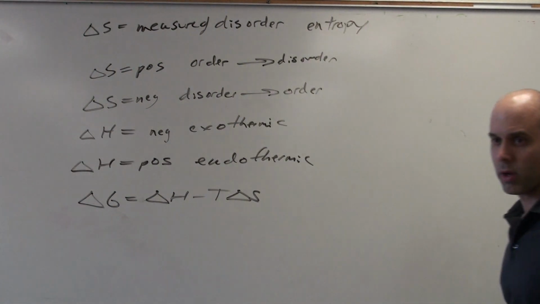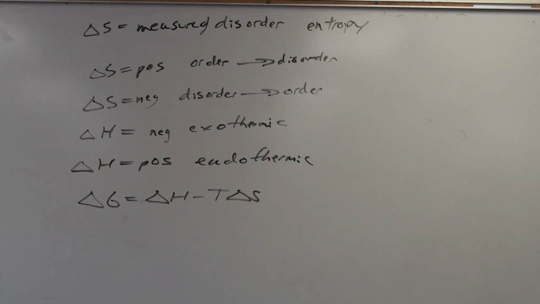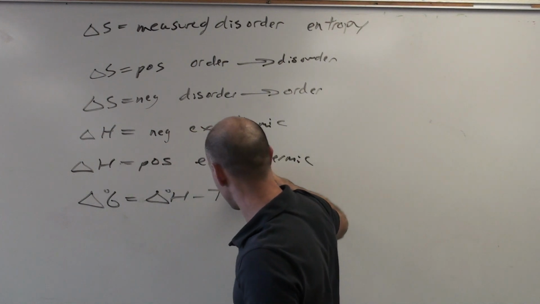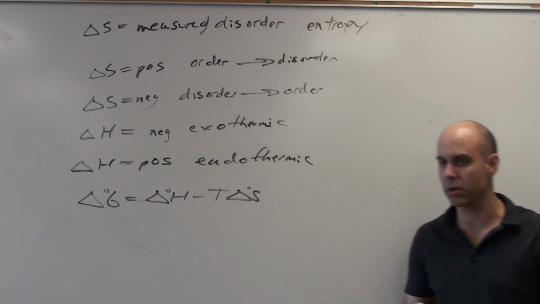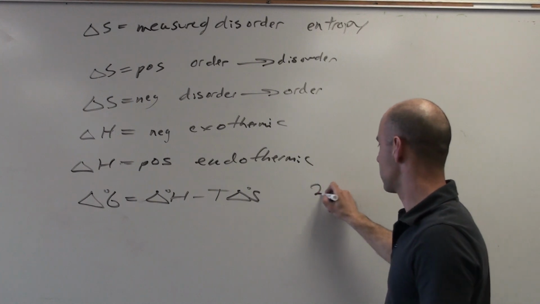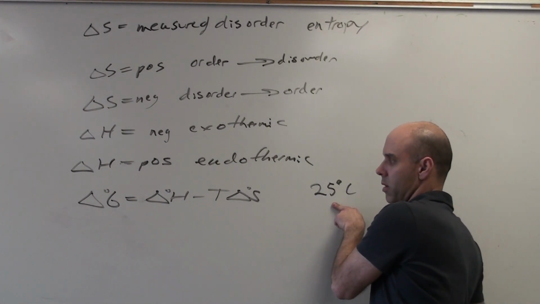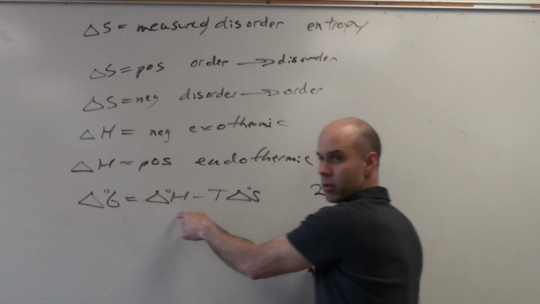T is almost always 298 for our purposes. We're at standard conditions, so that's what the little circle means. The standard conditions is 25 degrees Celsius. If you change this temperature, you change these values, okay?